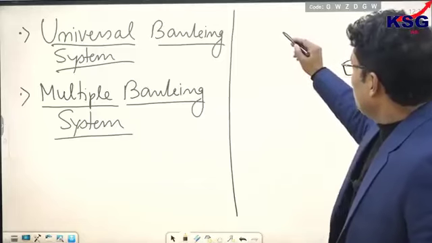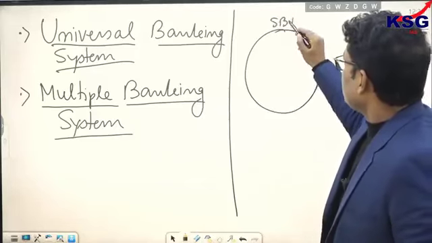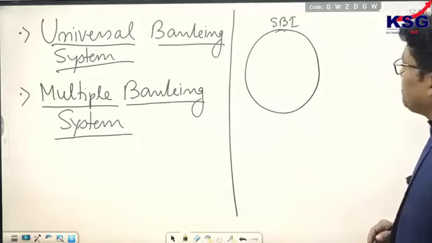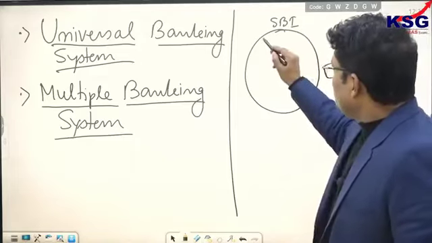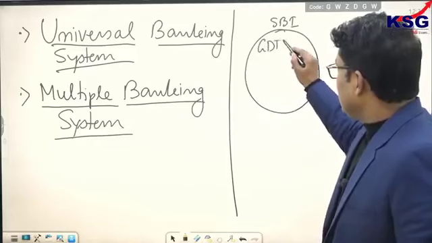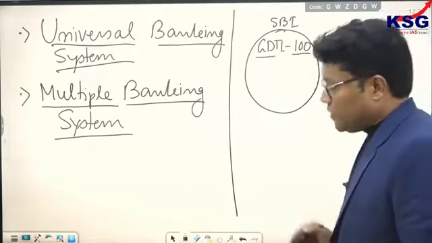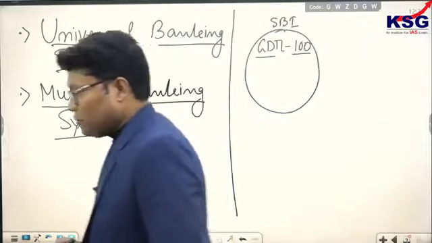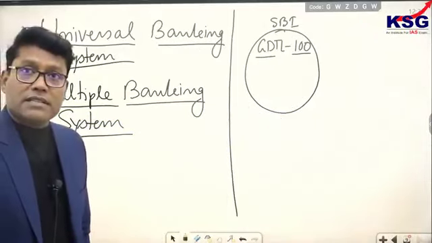Okay. So suppose a bank, it is SBI bank, and in SBI bank the GDTL is say 100 rupees. Total amount of deposits with SBI is 100 rupees, which is the GDTL, gross demand and time liabilities.